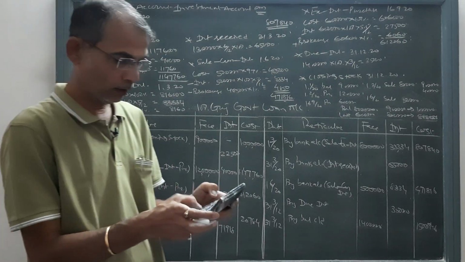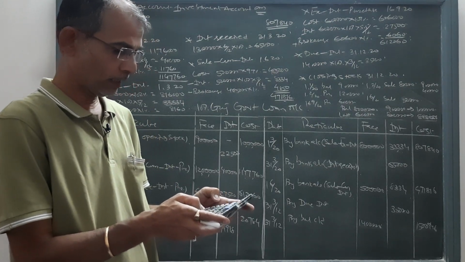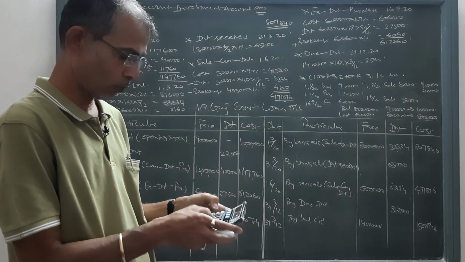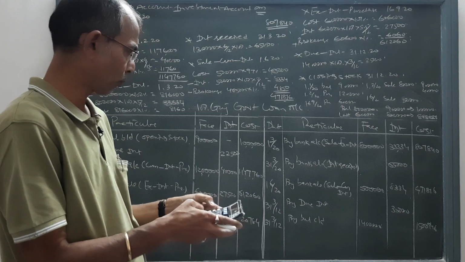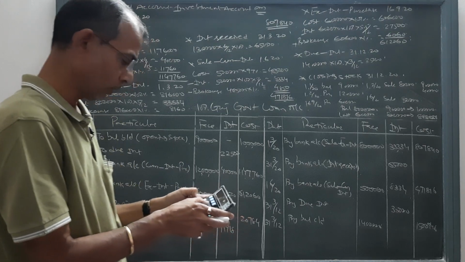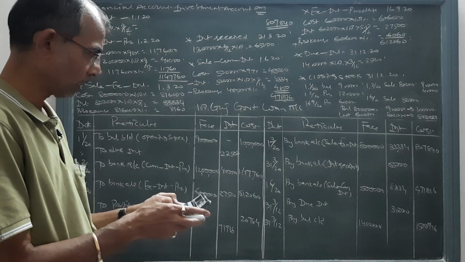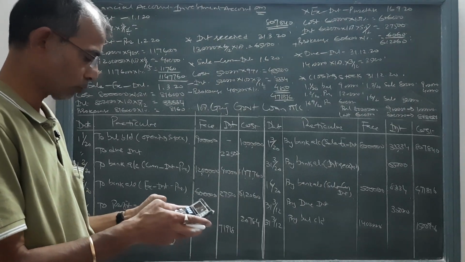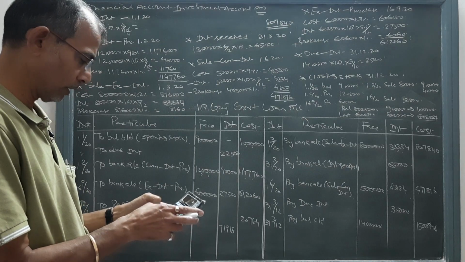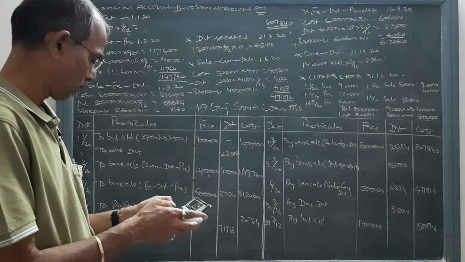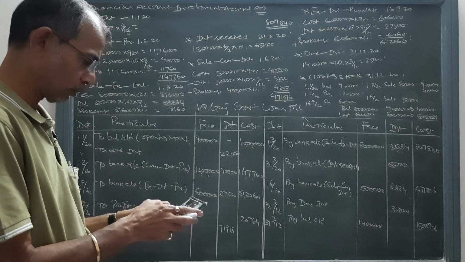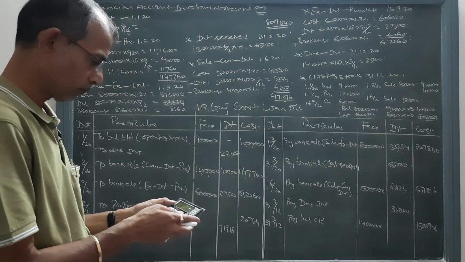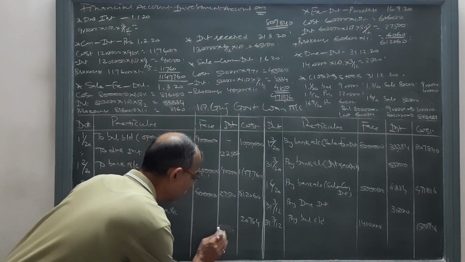So let me do the total again: 33,334 plus 65,000 plus 83,334 plus 35,000 minus 22,500 minus 40,000 minus 27,000, that is 51,668.